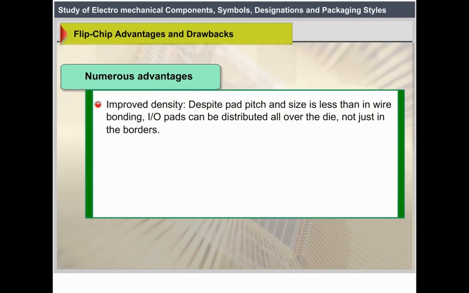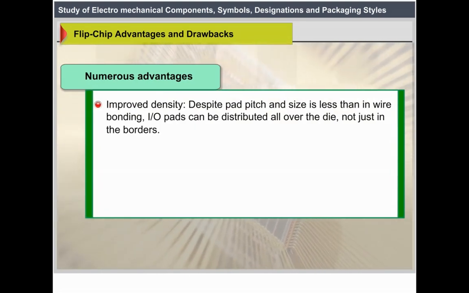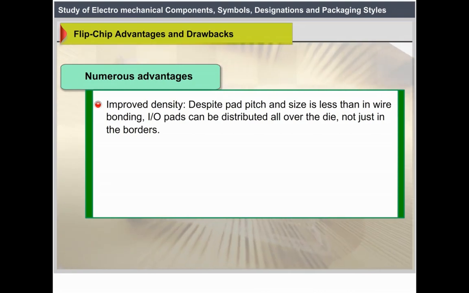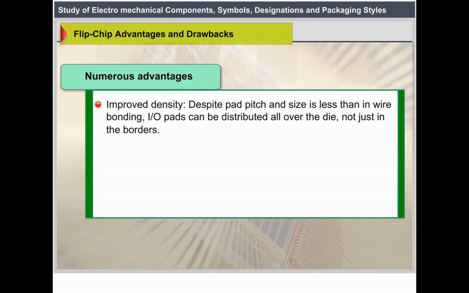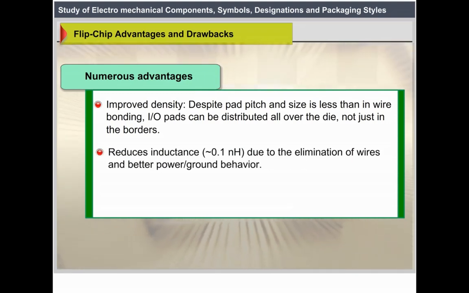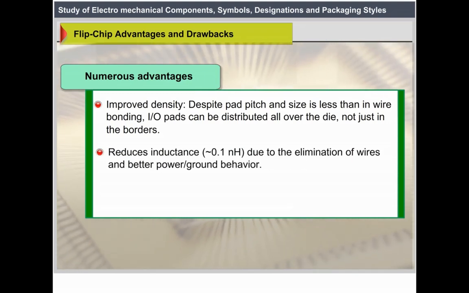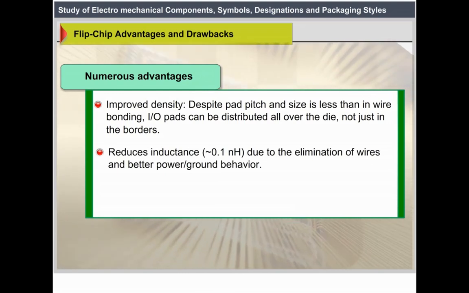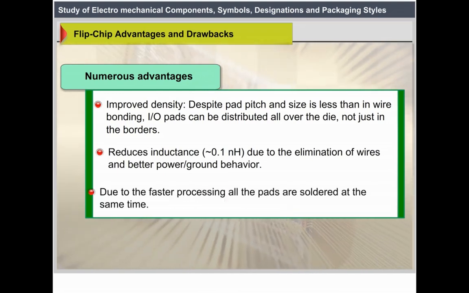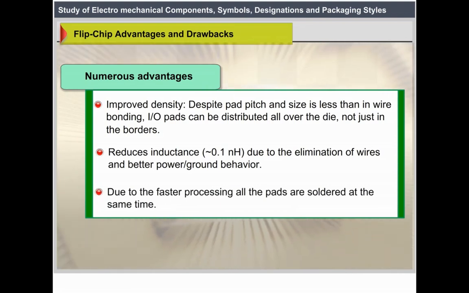Improved density: pad pitch and size is not better than in wire bonding, but input-output pads can be distributed all over the die, not just in the borders. Reduced inductance, approximately 0.1 nH, due to the elimination of wires and better power or ground behavior. Faster process, all the pads are soldered at the same time.